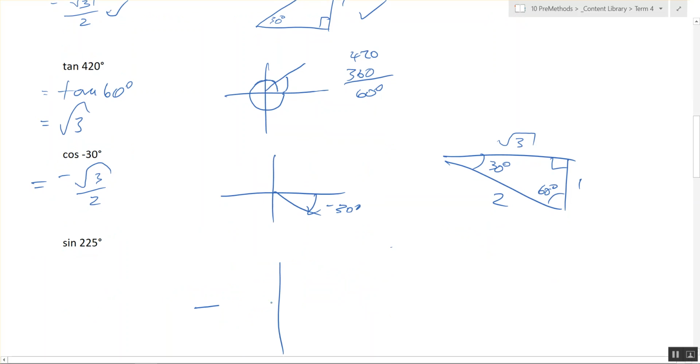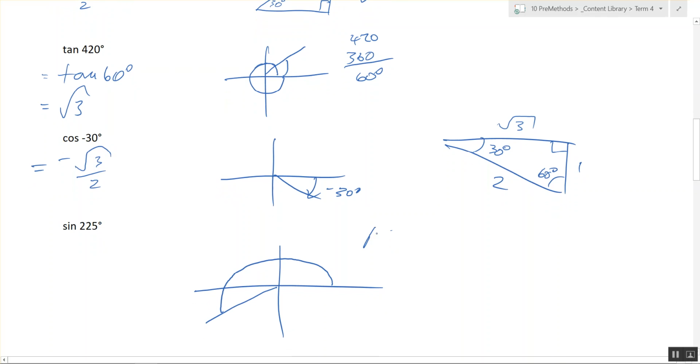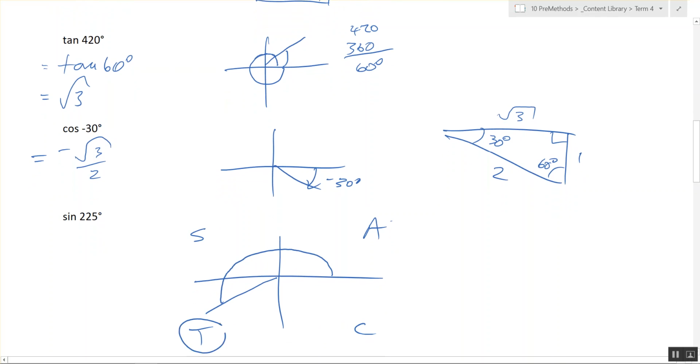Sine 225. So again, drawing the unit circle, it's going beyond 180, so we're in this quadrant. All stations to central. So this tells us only tan is positive here. So is it going to be a negative answer or positive? It's negative. Okay. So we've got 180. So 225 minus 180 to get this angle in here. 45.